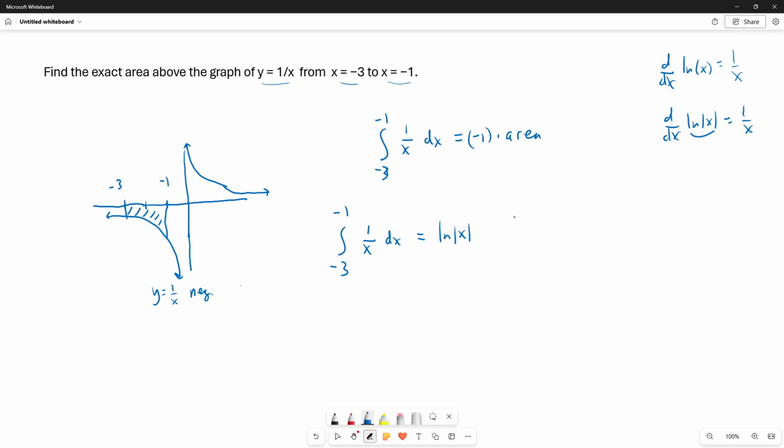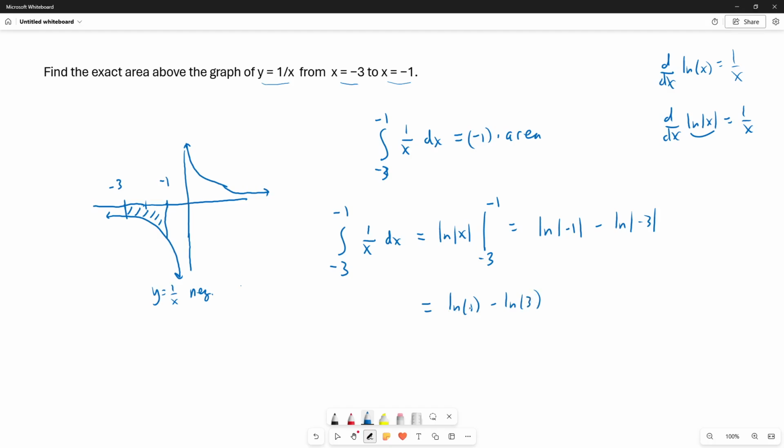So that's our antiderivative, and then we plug in the endpoints of integration, -1 and -3, and we get the natural log of the absolute value of -1 minus the natural log of the absolute value of -3. And this is the natural log of 1 minus the natural log of 3.